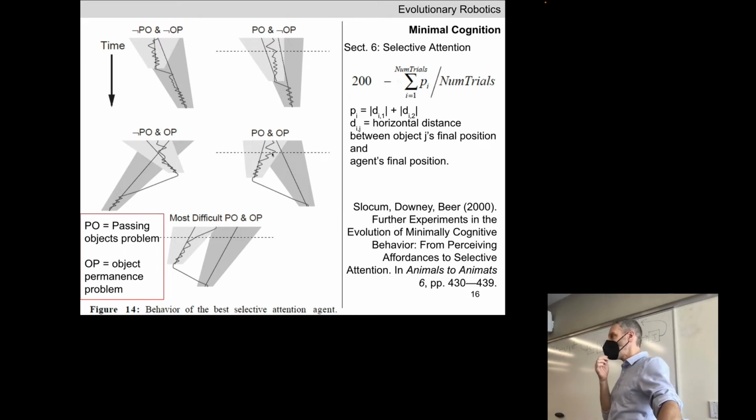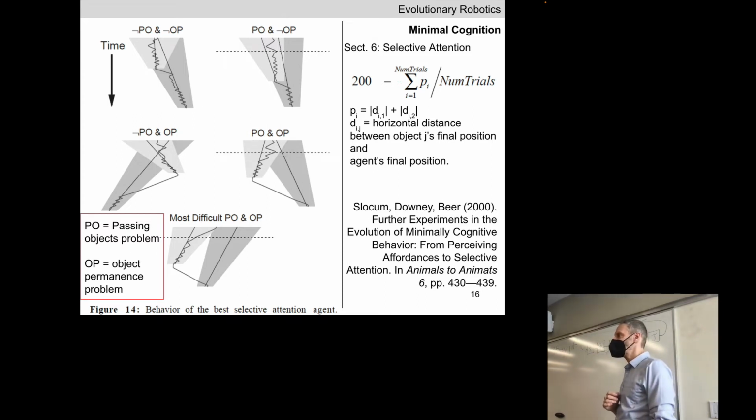Yep, all good? Okay, let's have a look at the second most difficult environment now. We've got the passing objects problem. So the left-hand object is originally further away, but hits the ground first. The other object is closer, but is moving slower and hits the ground later. At this moment in time, the faster moving object passes the slower moving object.